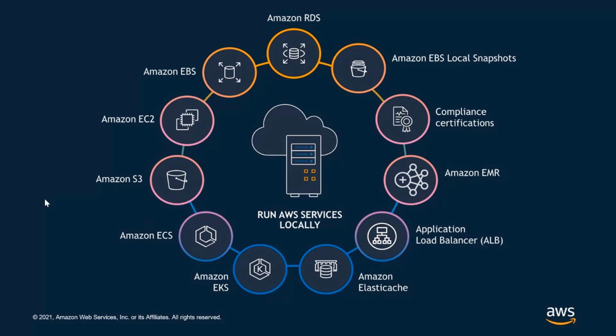So it ranges from core elemental services like EC2 for compute, EBS, elastic block storage for high performance block storage, but then also managed services like our managed database service, RDS, our managed analytics service, Elastic MapReduce, EMR, and our managed container services, ECS and EKS. So all of these run locally on Outpost, which really means you can take applications and deploy them to Outpost or deploy them in a region.